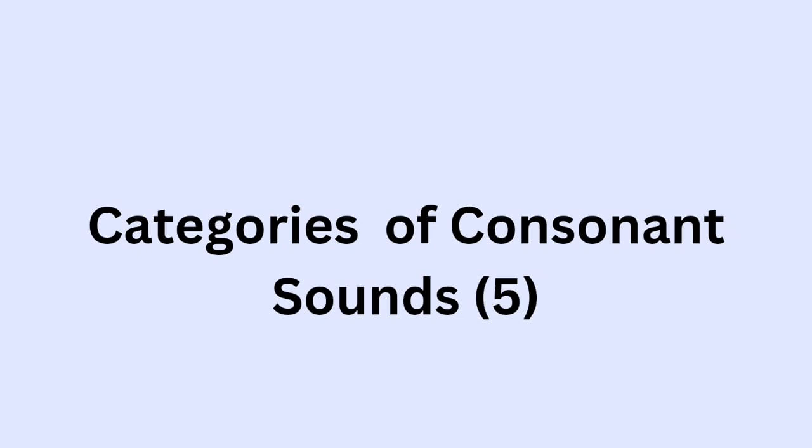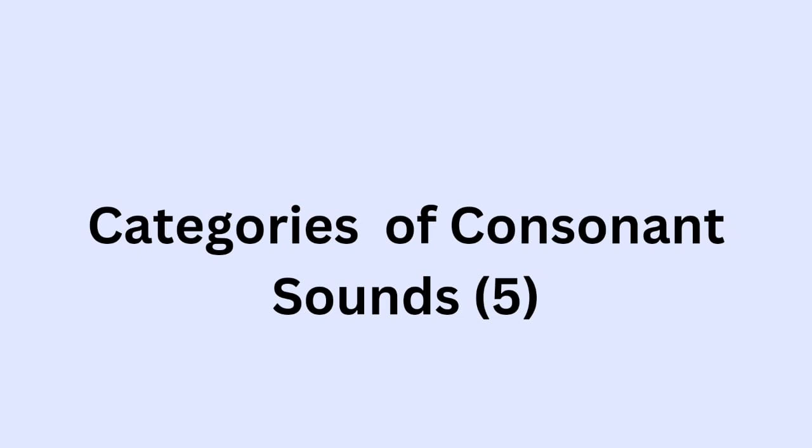That is how to describe a voiced consonant sound. Voiceless consonants, on the other hand, do not attract a vibration in the vocal cords. They are called voiceless consonant sounds because there is no vibration in the vocal cords whenever we pronounce them.